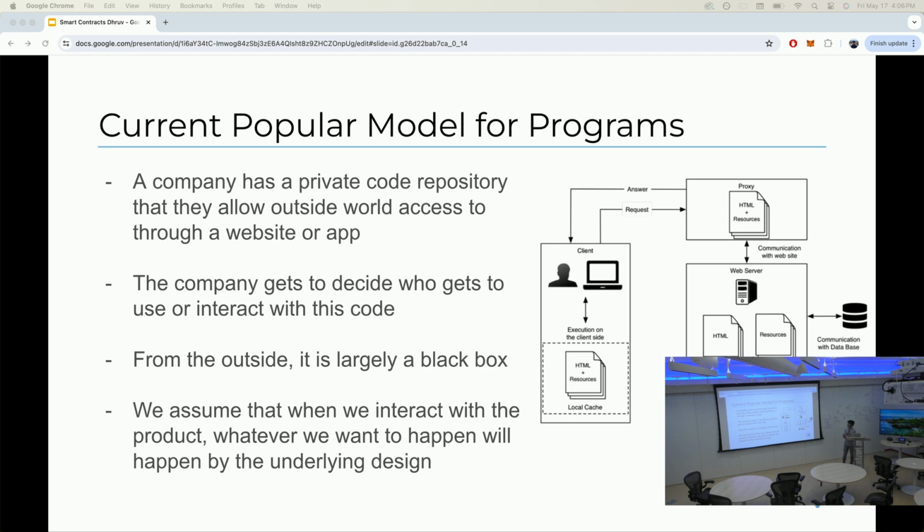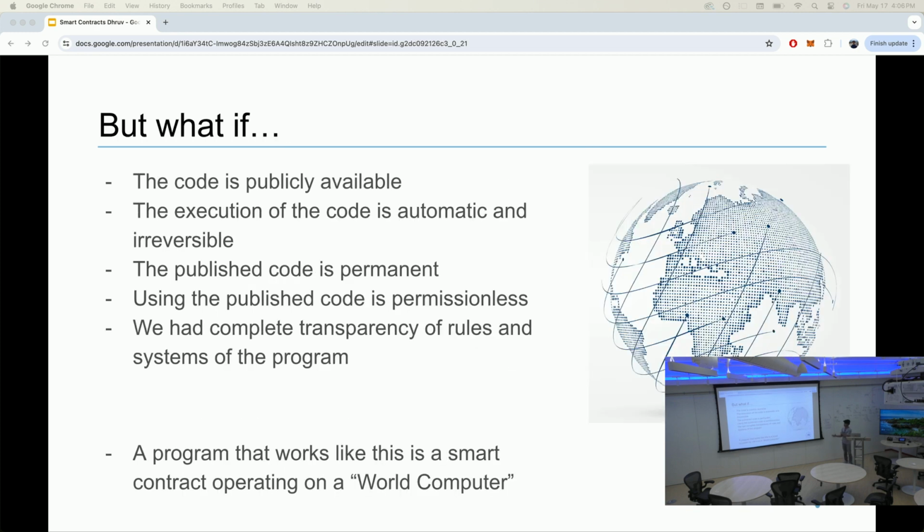But now, the idea with smart contracts is, what if you completely change this? What if all of this code was publicly available, published online? And what if the execution of this code is automatic and irreversible?